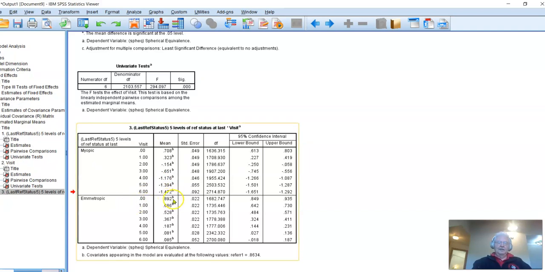Emmetropes also start out pretty hyperopic, and they get less hyperopic, but they're all positive, they don't drop below 0 on average. Some people are in the negative area, but they're not to the negative 0.75 in both meridians, which is the criteria.